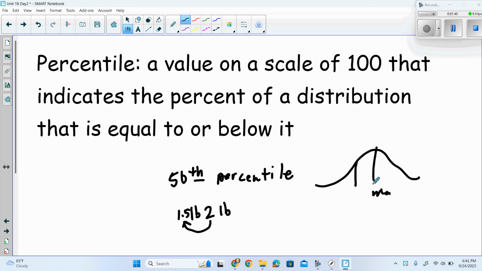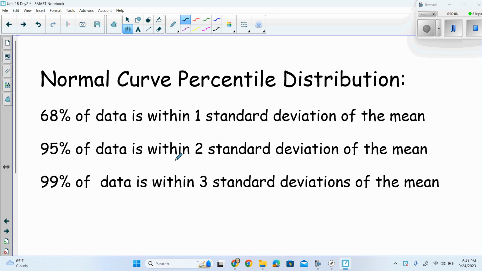That first standard deviation would be 34%. So there's 50% above this way, and another 34%. So that's 84% are heavier. That means your child would be in the 16th percentile, with 84% heavier, 16% equal to or lower. Hopefully that makes some sense.